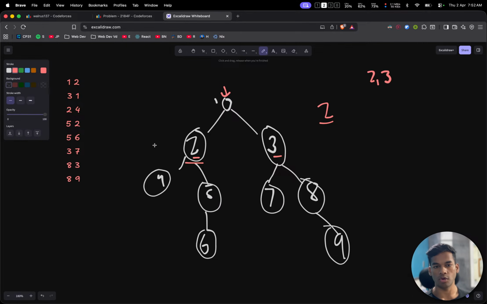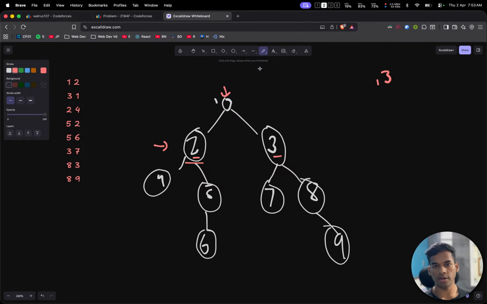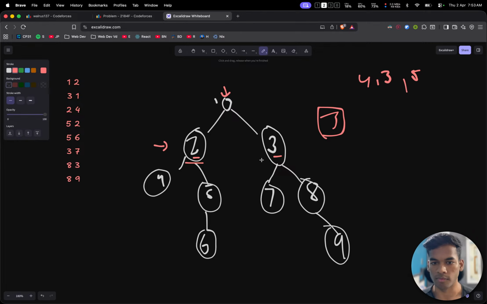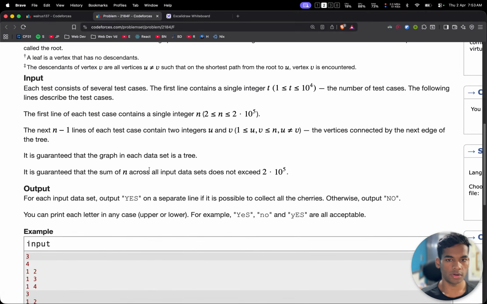Let's say we dissolve 2, then we would remove 2 from our set and we would get its children, which is 4 and 5, and the size is 3, which is a multiple of 3, and we are good to go. And same would happen if we were to dissolve 3, we would get its children and we would be cool. If we can afford to brute force, it would be pretty cool.